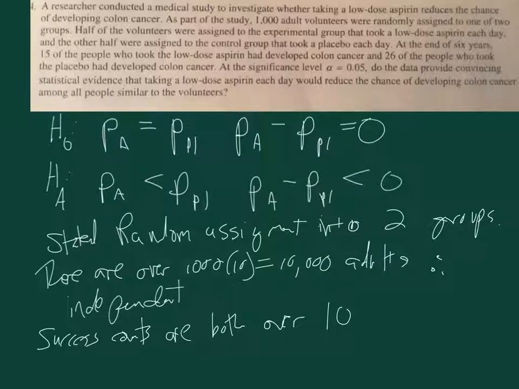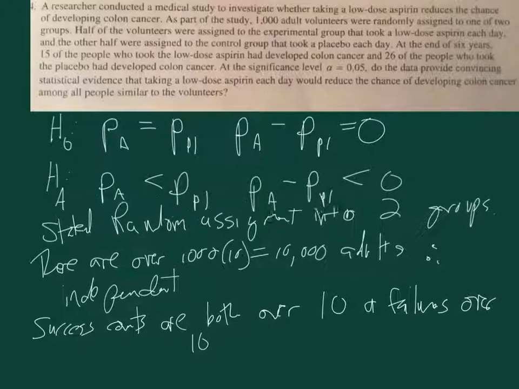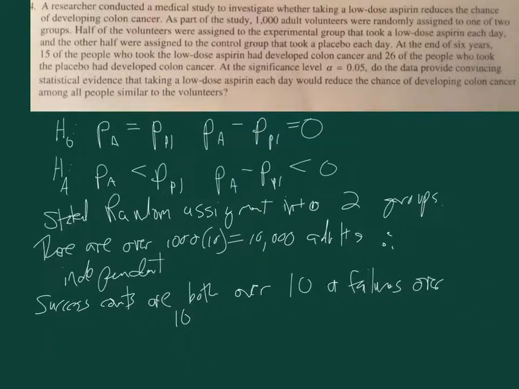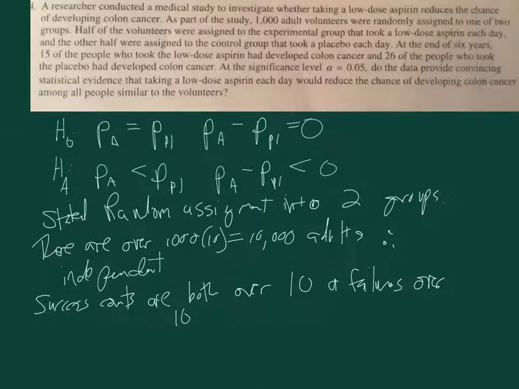So in this case, both success counts are over 10 and failures over 10. Which means, let's see. Oh, sigma is known. That's back up here. Sigma sub p hat is known.